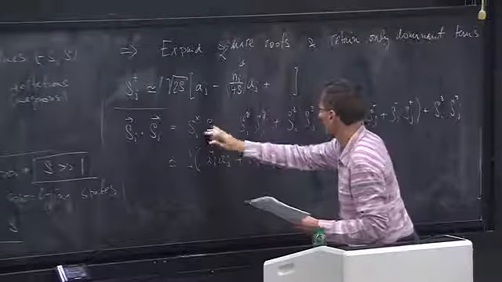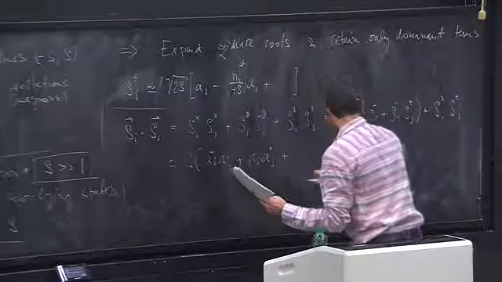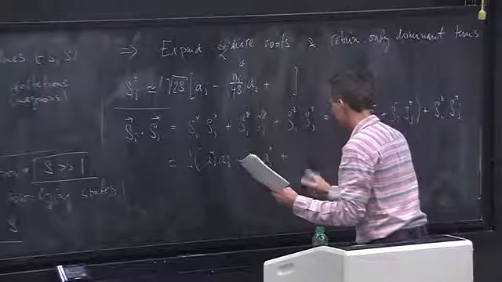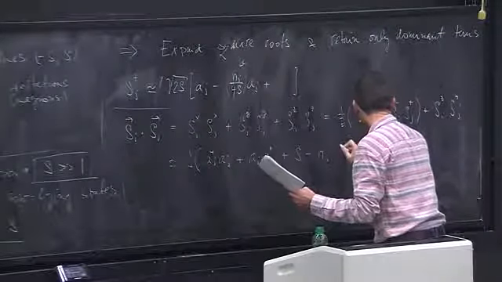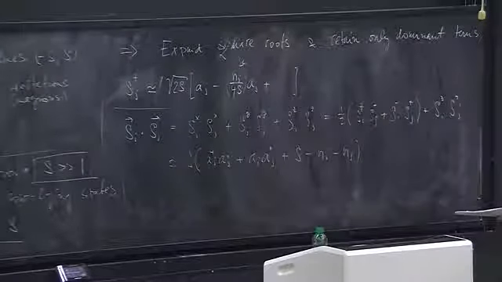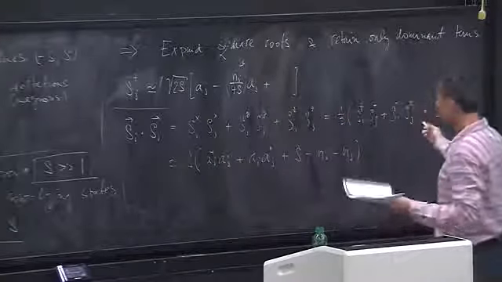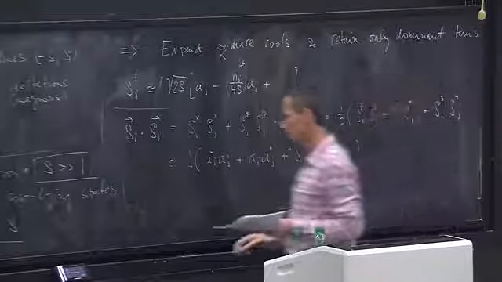So this is these two guys. And then I get something from my S^z components. And again, to that same leading order, I get S minus n_i minus n_j. Okay? And again, there would be higher order terms, but I'm neglecting them in this approximation.